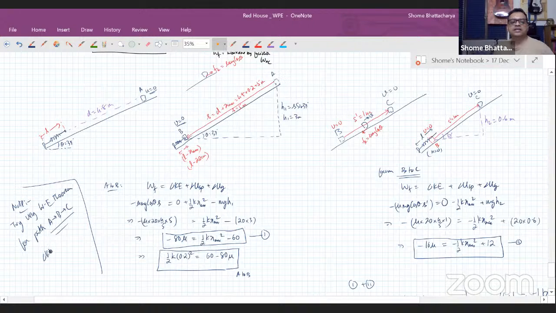Your change in kinetic energy will also be 0. Change in springs potential energy will also be 0. But change in gravitational potential energy will be a negative quantity and work done by friction will be a negative quantity. So from that you will get mu directly. But when you are calculating work done by friction, you have to be careful. You have to break the motion into two parts, A to B and then B to C, because in between the direction of friction is changing.